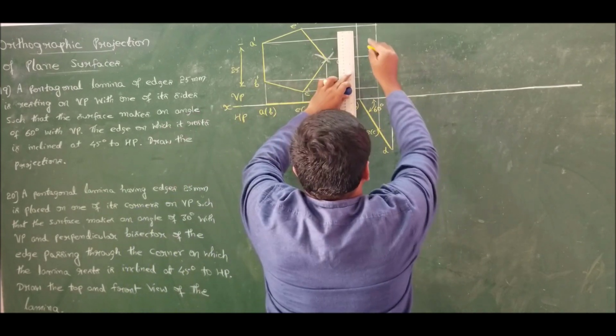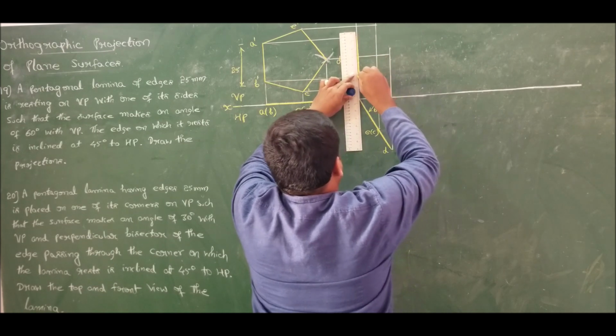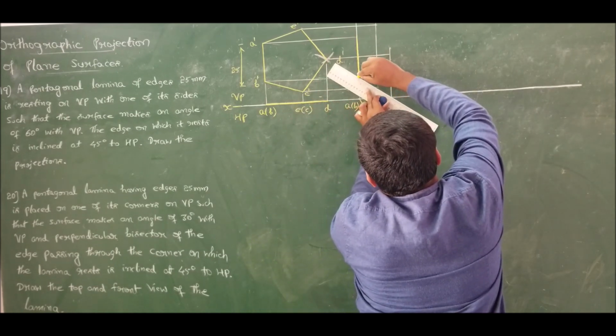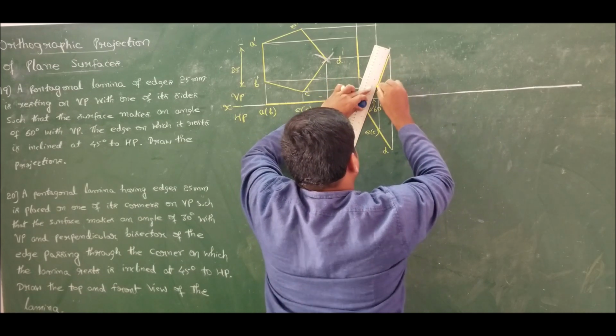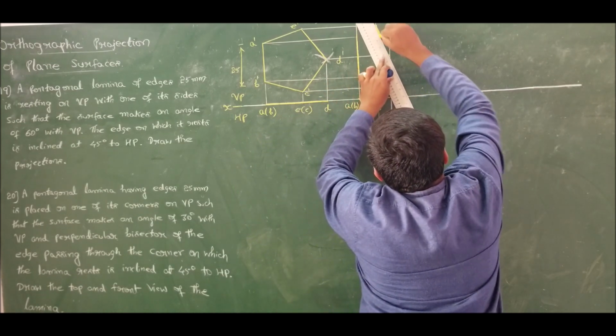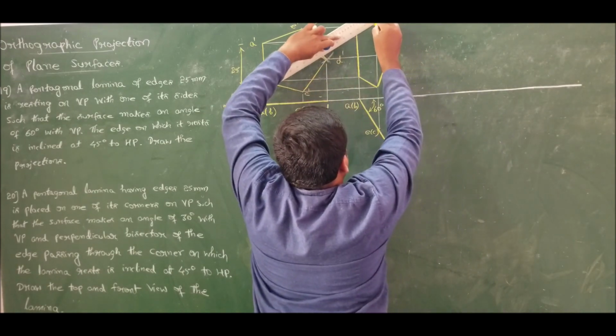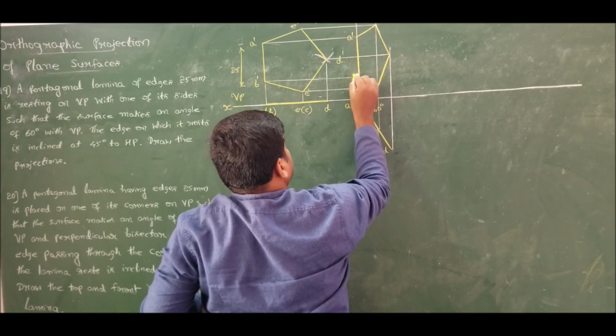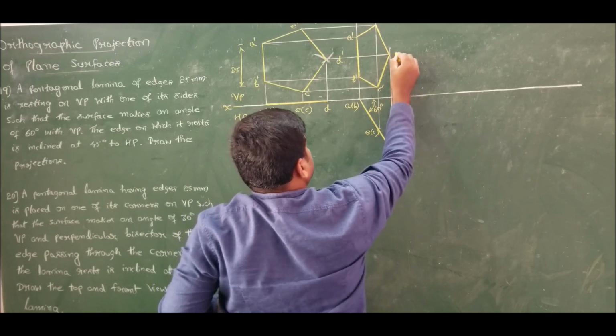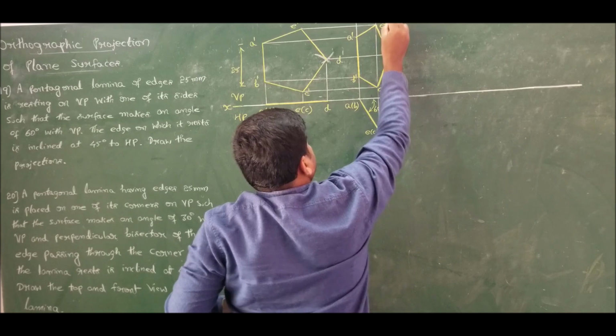Now connect this: A to B, B to C, C to D, then D to E, and then E again to A. So this will be A dash, B dash, C dash, D dash, E dash.